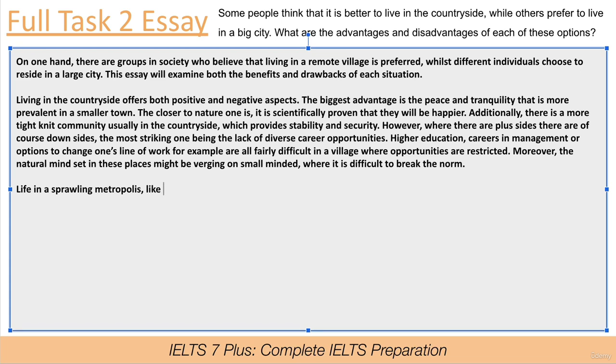We can compare it to life in the countryside, just like remote living, both attracts and maybe dissuades individuals for different reasons. Okay, so let's start with why people are attracted to the big city.